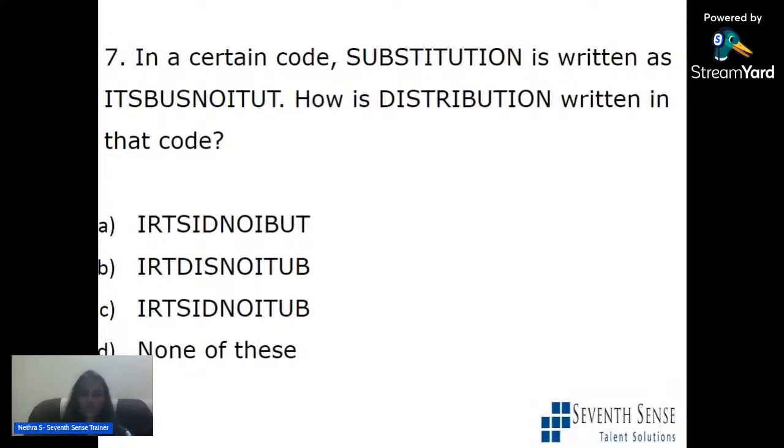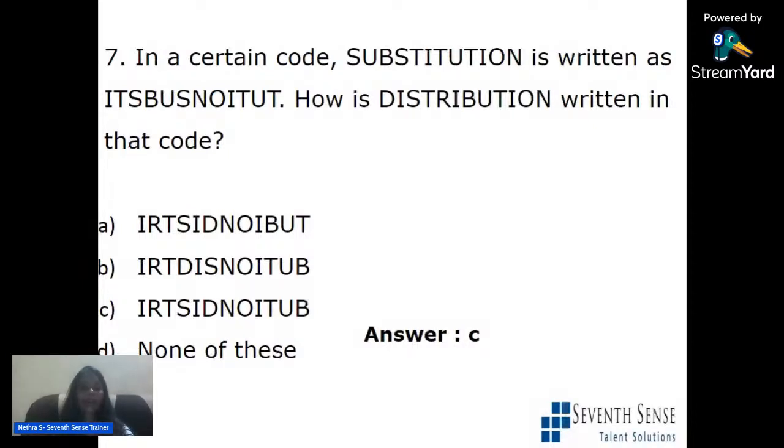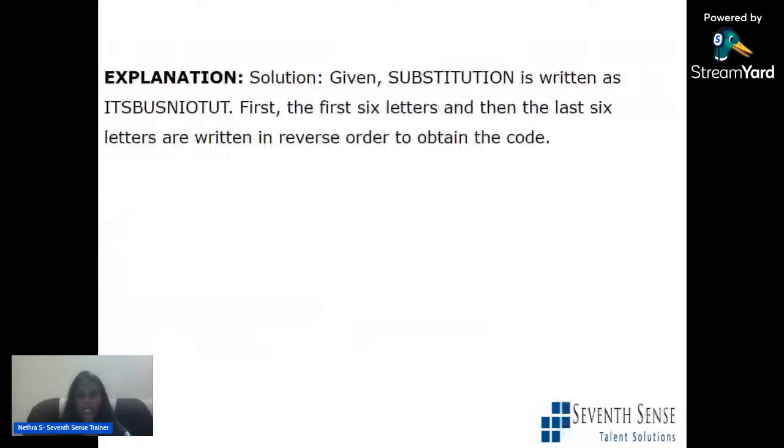If you observe it in depth, there are 12 letters in the word substitution. The first 6 letters have been reversed, and the last 6 letters are again reversed. So if we apply the same method to distribution, option C is the correct one, because if we reverse the first 6 letters of distribution, they will be I R T S I D, and if we reverse the last 6 letters, the answer will be NOITUB. So that is the explanation of the question. I hope you understood this.